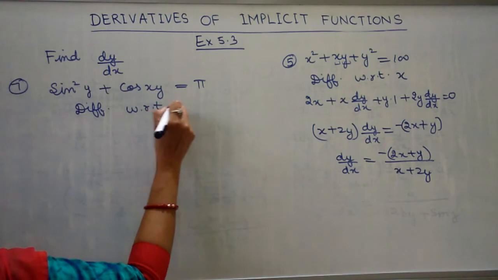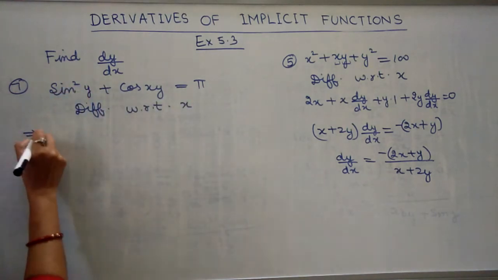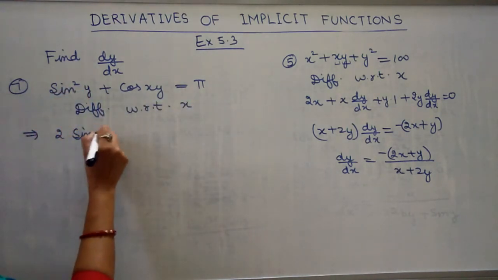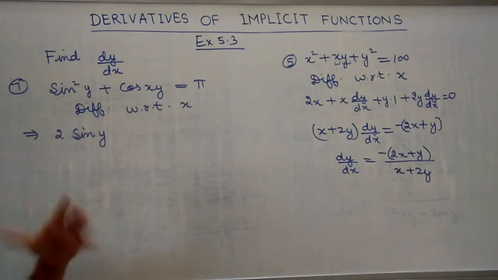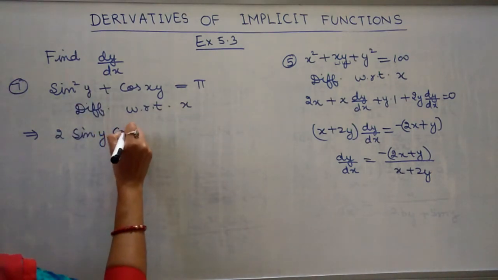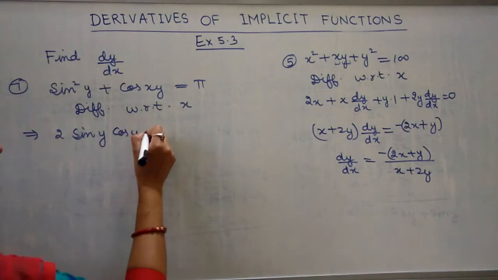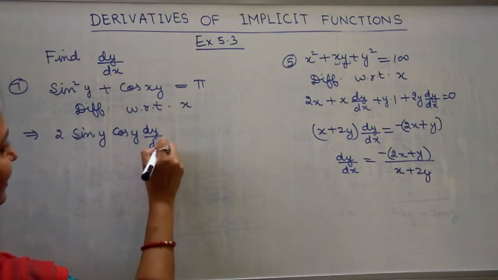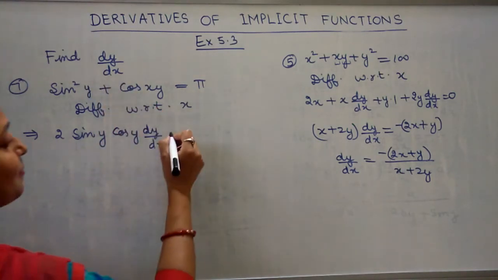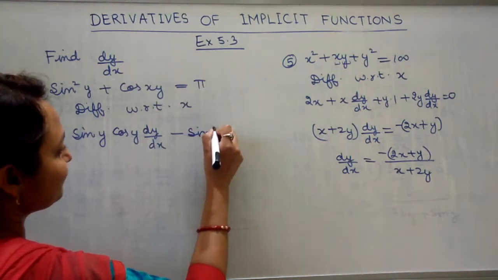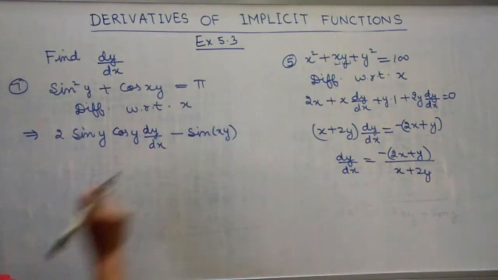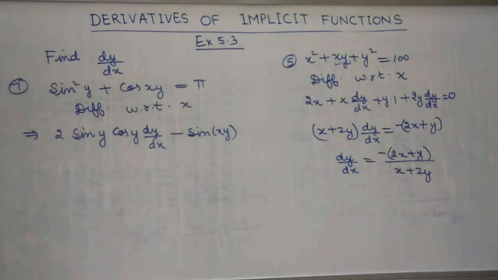Okay, this will be 2 sine y, the differentiation of sine is cos y, and y's derivative dy upon dx. Okay, now come to this, minus sine xy, but we have to use dy upon dx derivative again.